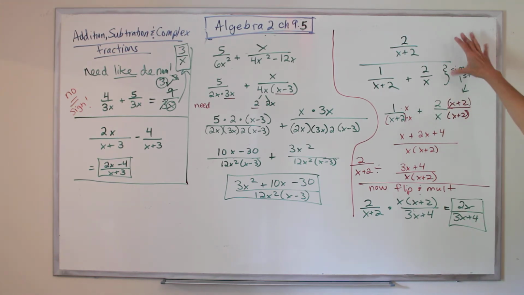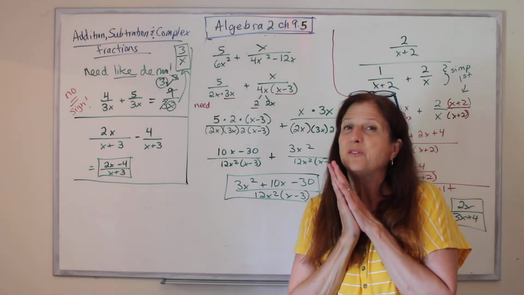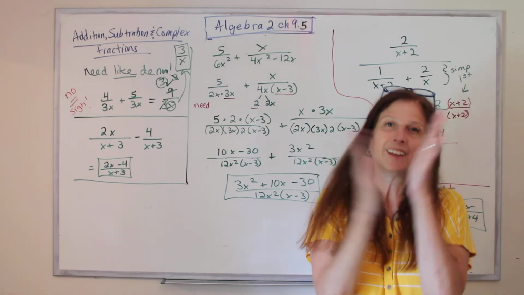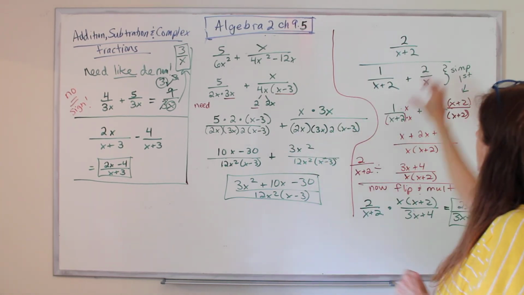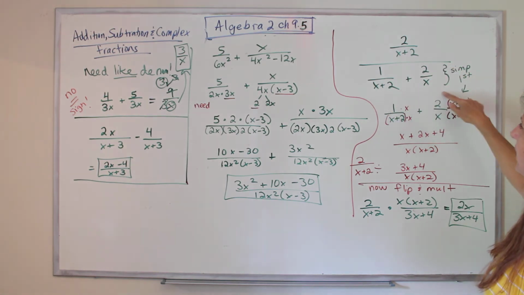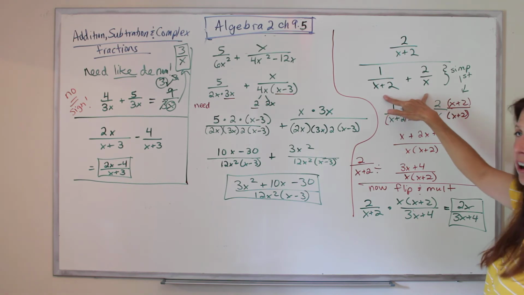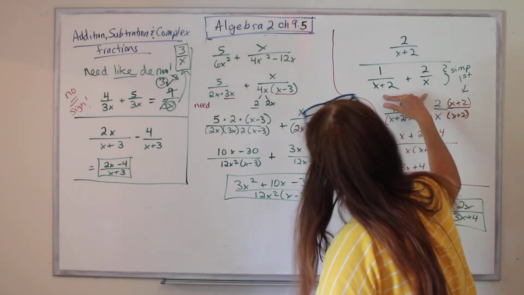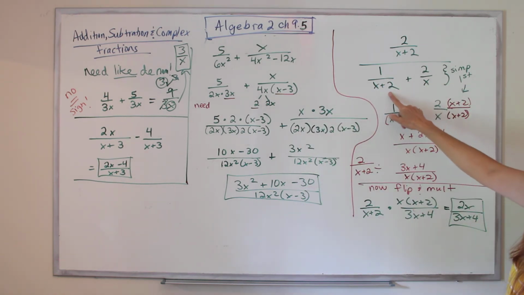Okay, now what about this one? It's dividing, and to divide a fraction is to flip it and multiply. But before we do any flipping, I need to go ahead and add these. They don't have the same denominator, so I have to make them have the same denominator.